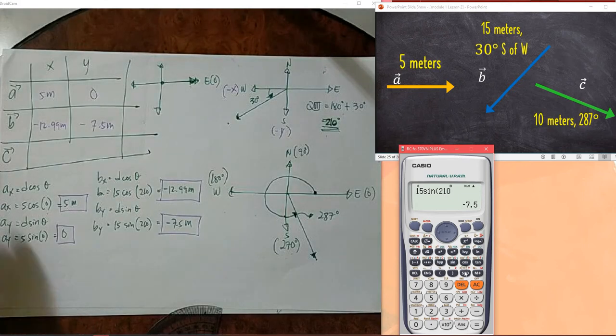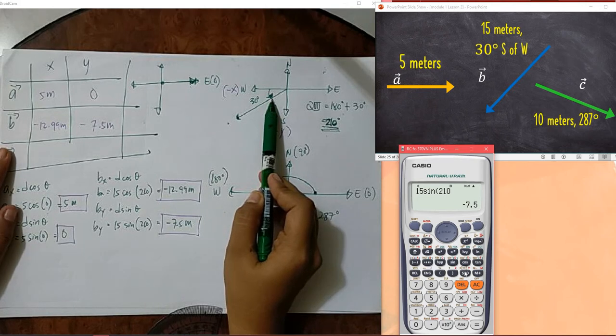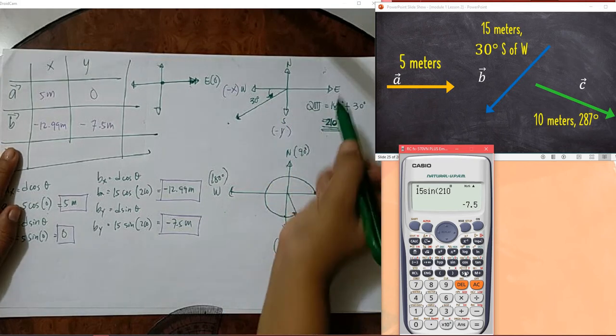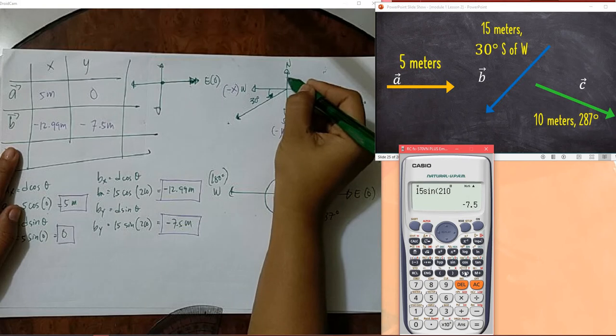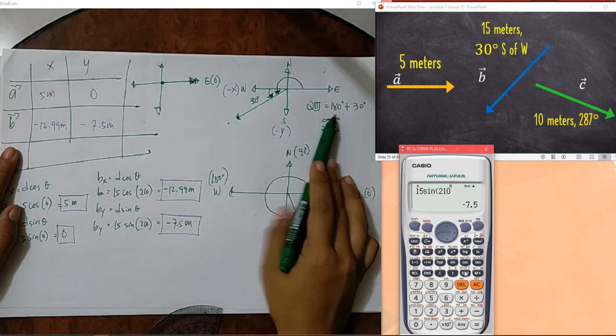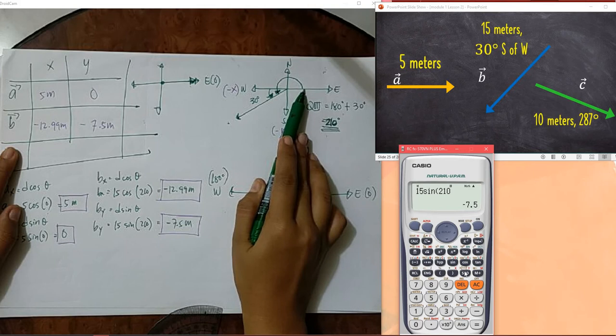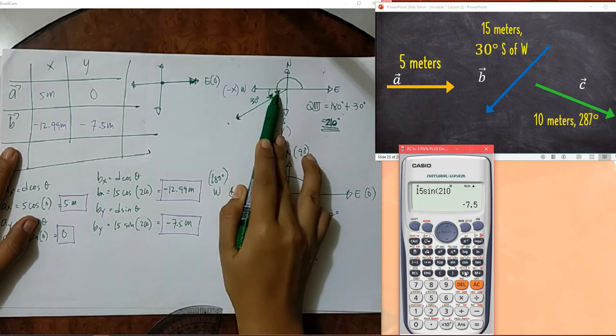Like our second vector. Our second vector is not following the counterclockwise direction. It doesn't follow this counterclockwise direction. That is why we used this equation to get the angle from the east following the counterclockwise direction.